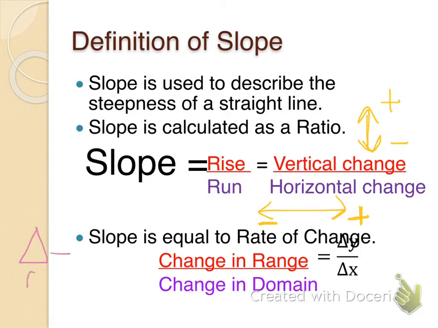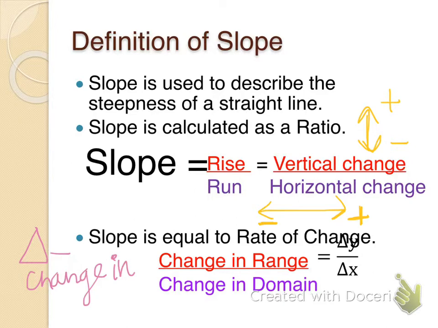So a triangle means change in. It's kind of just a shorthand way of writing that so you don't have to actually write out the words change in every single time. So same thing as change in range over change in domain is delta y over delta x, or change in y over change in x, which is what we've been using for the past few days.